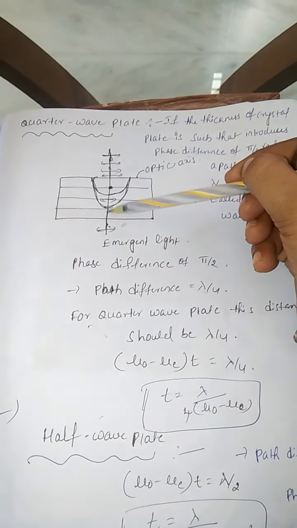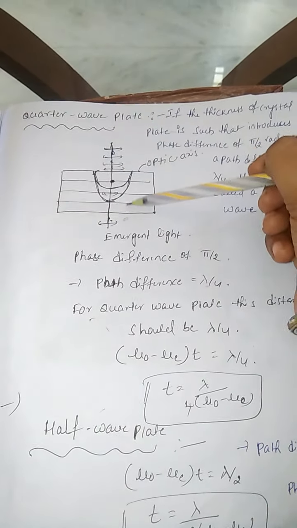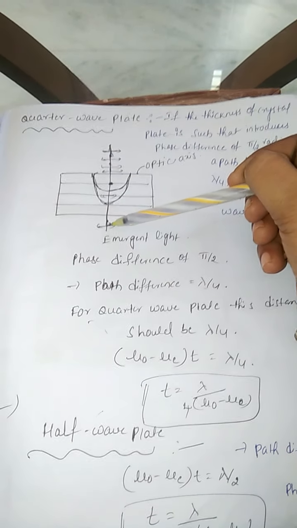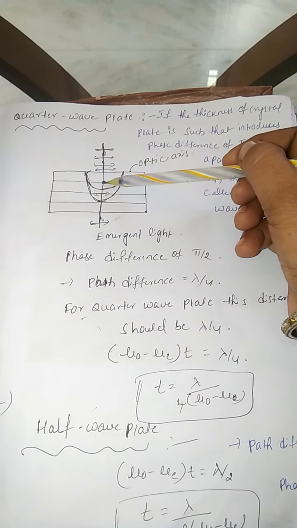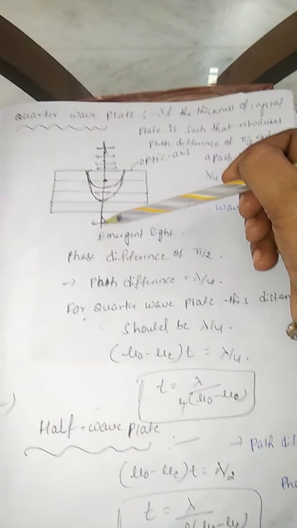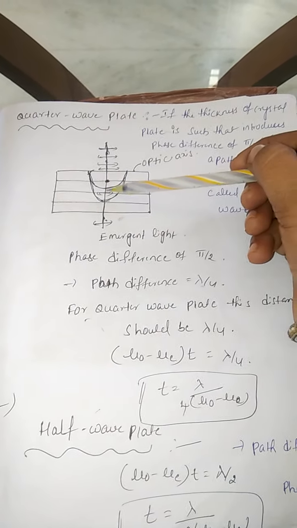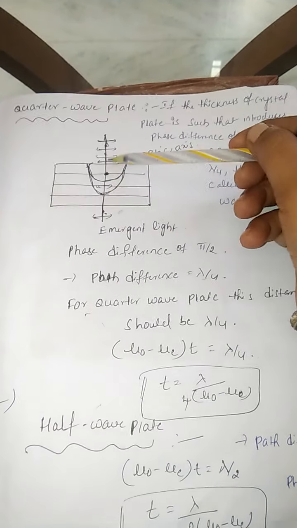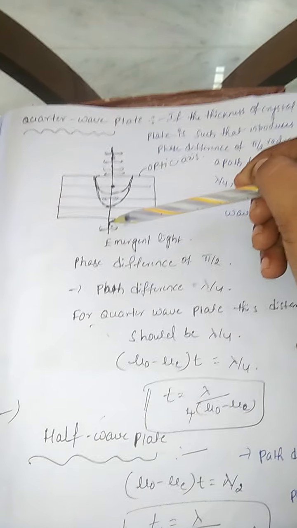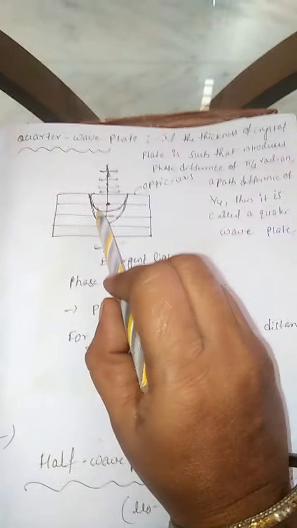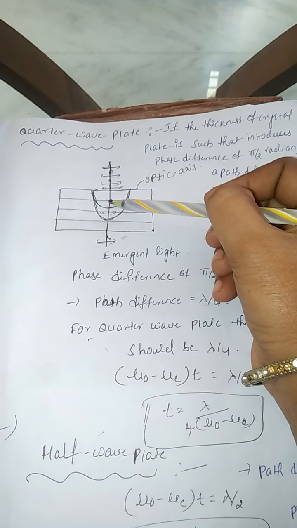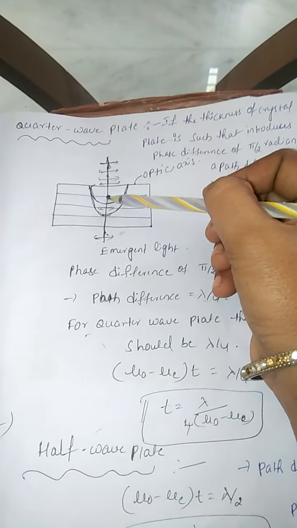It does not move in different directions, because it is one directional. So the ordinary and extraordinary wavefronts travel in the same direction, because here the optic axis is exactly perpendicular to the plane of incidence.